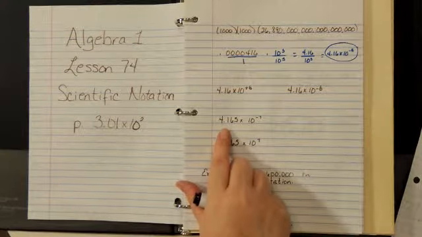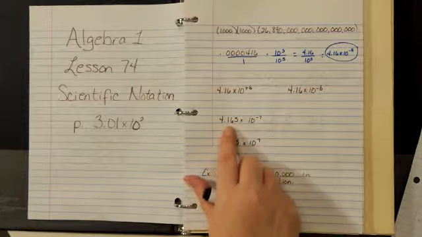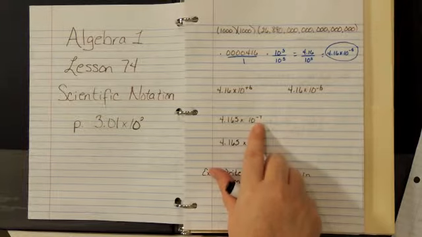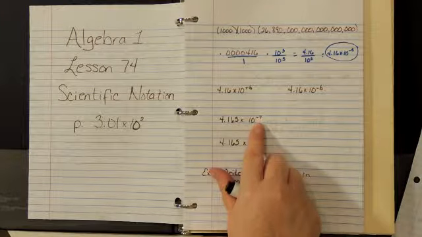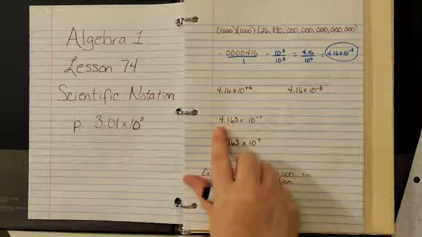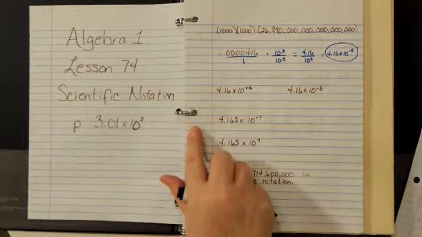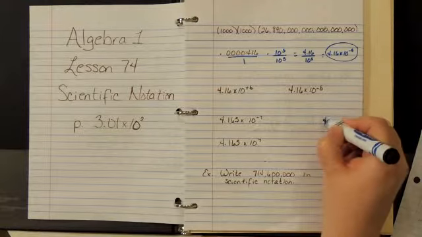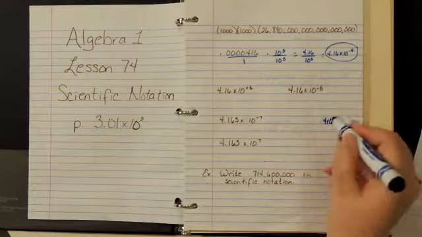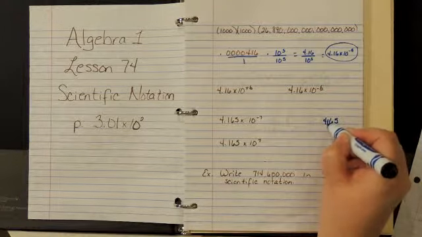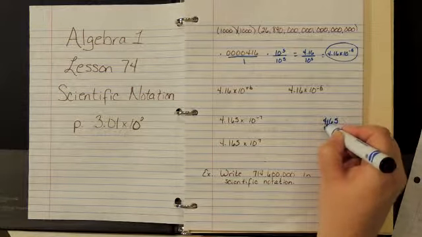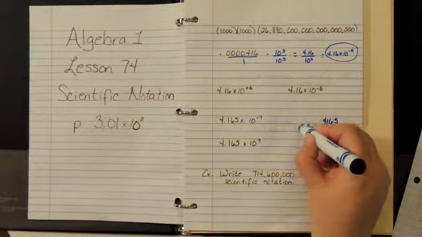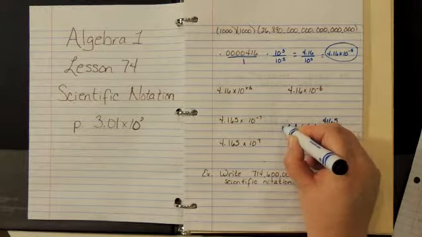So for example, if we're looking at 4.165 times 10 to the negative 7, the negative is telling us that the decimal is actually 7 places to the left. So that would be 4165, and the decimal is going to go from here to the left 7 places. 1, 2, 3, 4, 5, 6, 7.